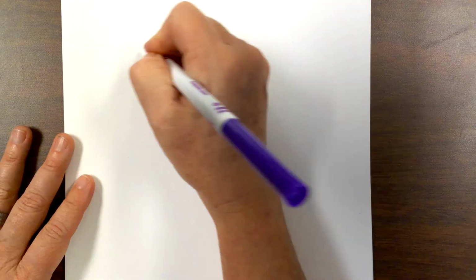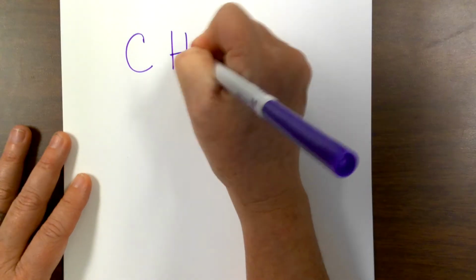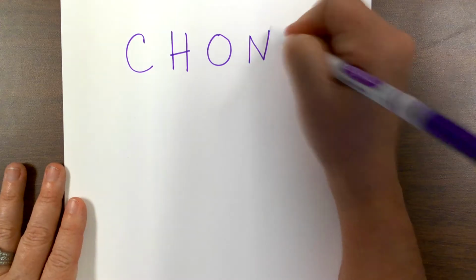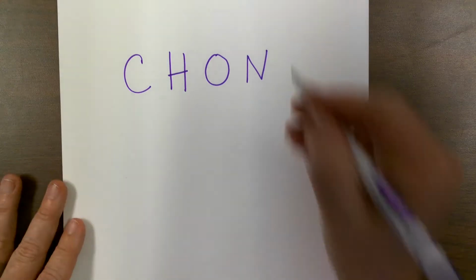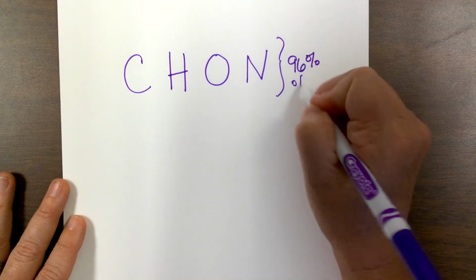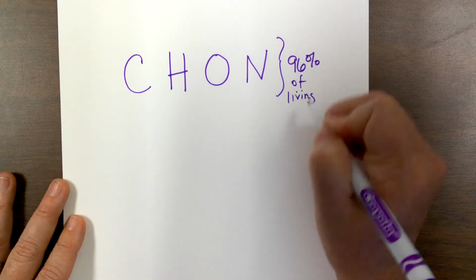And bonding is one of the most important things that's going to happen in all organisms, and it's bonding between different atoms. So in your body, we'll back up a little bit and we'll talk about the elements that are essential. Carbon, hydrogen, oxygen, and nitrogen, okay, represent together 96% of all living organisms.